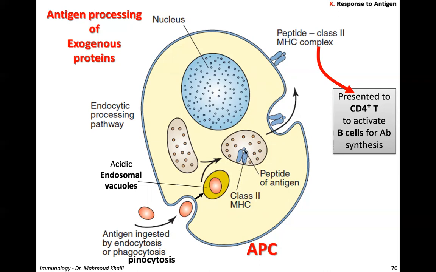Together with the class 2 MHC complex, a complex forms between the peptide of the antigen and the class 2 MHC, which will be recruited to the surface membrane of the antigen presenting cell. Once it is exposed on the surface membrane, it will get identified by the T helper cell, and soon after that, this will activate B cell for antibody synthesis.